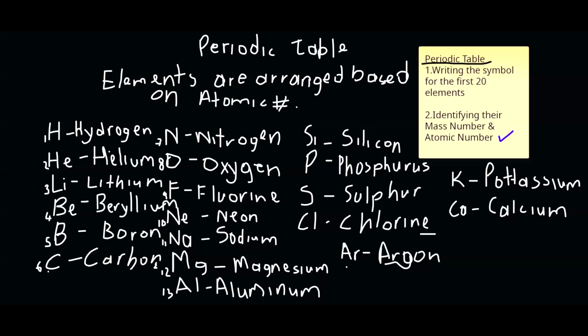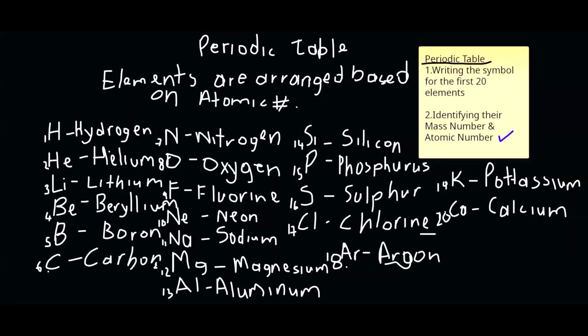Phosphorus, 15. And then sulfur, 16. Chlorine, 17. Argon, 18. Then potassium, 19. And calcium, 20. So these are the atomic numbers for the first 20 elements.